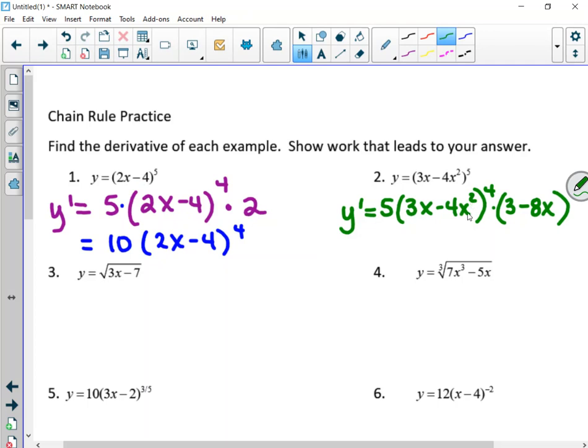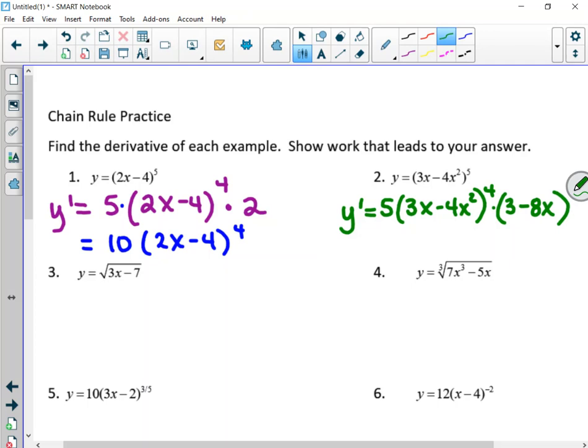Here we have a quadratic function, because I have a degree 2 power here, and so I end up with a linear function as the derivative. That's the additional portion of the chain. So that's where they really start to get messy looking, when the inside is a more complicated function, the additional chain piece has a little bit more to it.